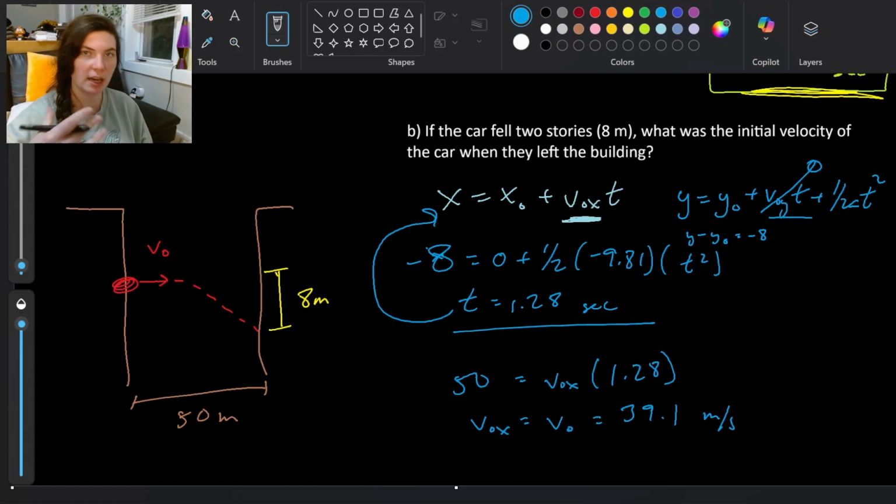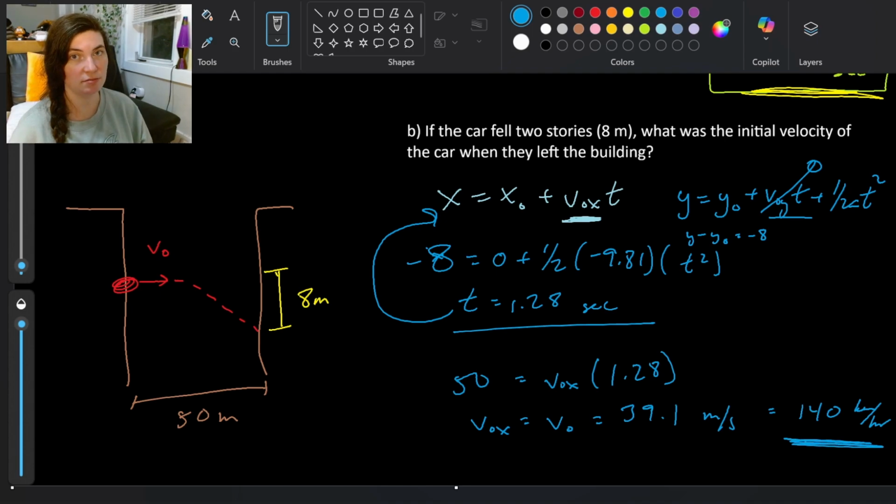And if I translate that back into kilometers per hour, I'm going to get about 140 kilometers per hour, which is still really high, right? That's still a very high speed to be leaving the building at. But it could be in the realm of possibility.